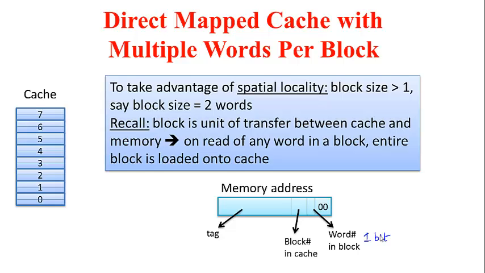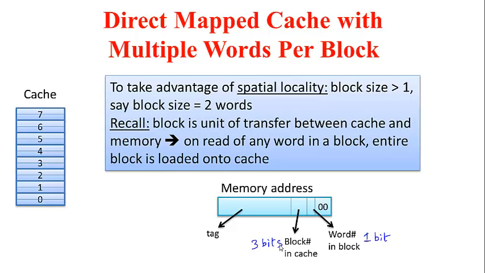Since we have 8 blocks in the cache, just like earlier, we are going to need 3 bits for the block number in cache. How many bits are going to be needed for the tag? Well, the answer to that will depend on the size of the memory, which in turn will determine the size of the memory address, the number of bits in the memory address.